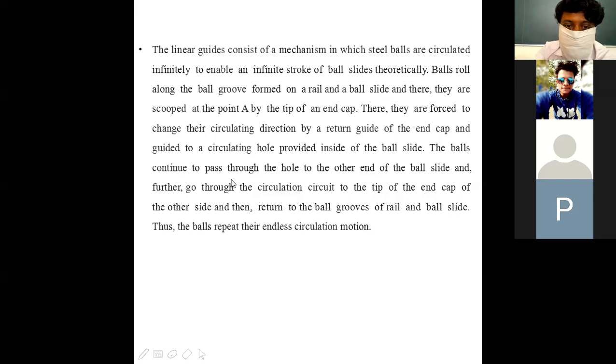The balls continue to pass through the hole to the other end of the ball slide, and further go through the circulation circuit to the tip of the end cap on the other side. Then they return to the ball grooves of the rail and ball slide. Thus, the balls repeat their endless circulation motion.